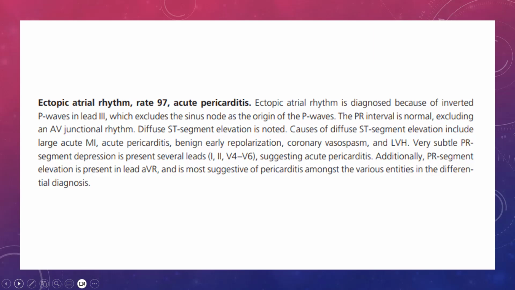So the most common form of pericarditis that we see is bacterial, and of course, mycobacterial TB. And those tend to cause those PR segment depressions. So again, most commonly you would see those, but if you don't see them, it doesn't mean that it's definitely not an acute pericarditis. And of course, in this case, you have to take the patient's age into account as well.